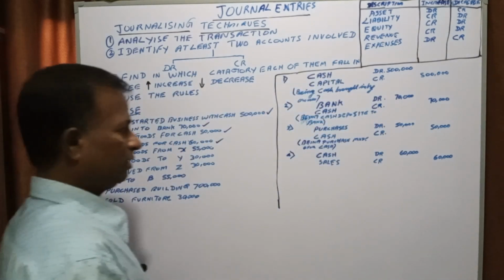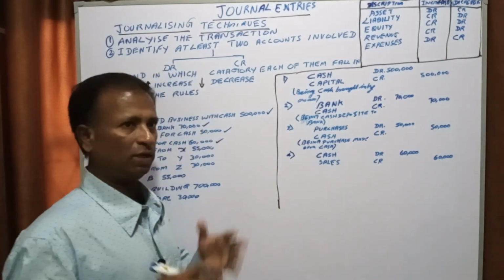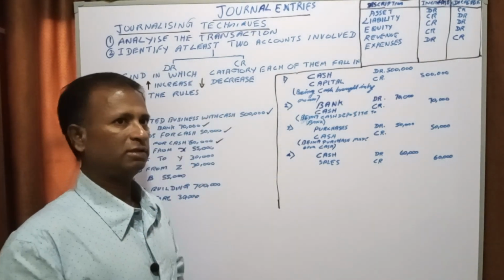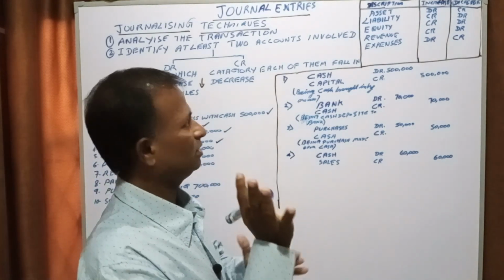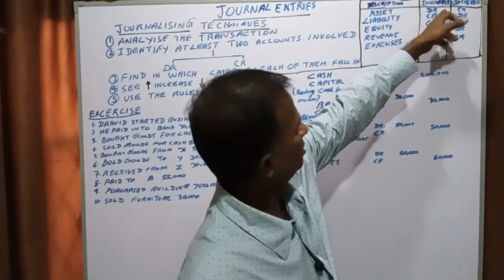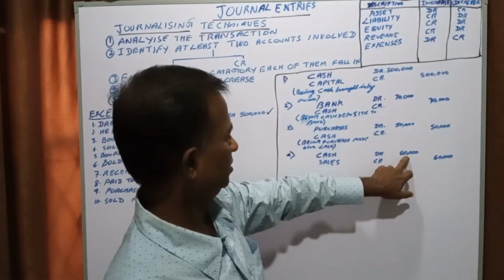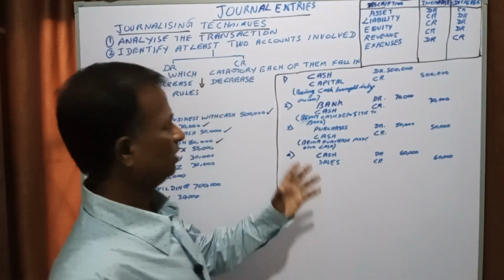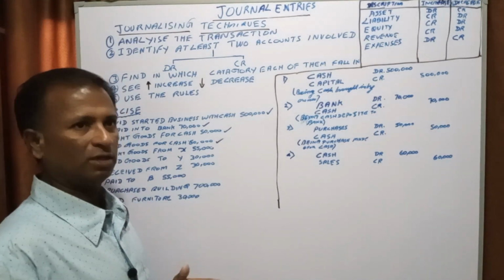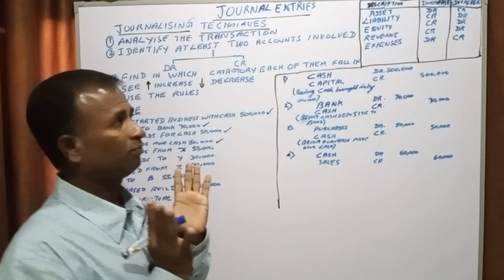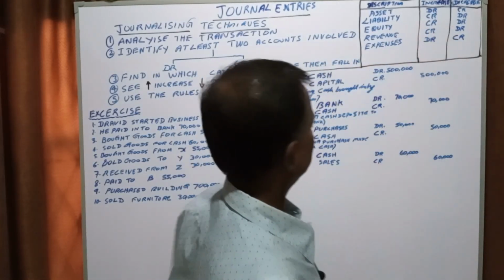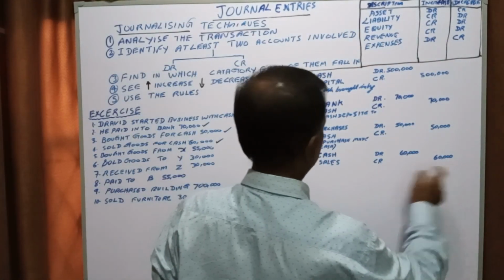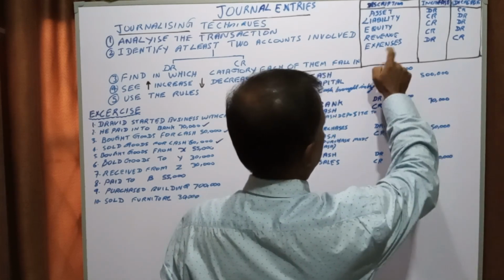Here what is happening, we are making the sales for cash. Cash is coming in, then cash is increasing. If the cash is increasing, asset is increasing. If the asset is increasing, debited, cash is debited. Sales is the revenue is increasing. Okay, if the revenue is increasing, it is credit entry. Here it is satisfying both rules.